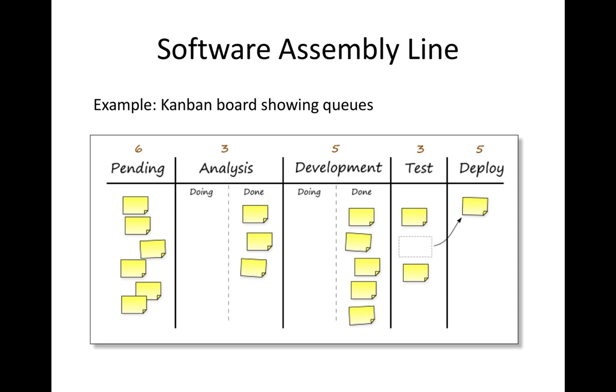We oftentimes use Kanban boards to show the queue of work. We'll have work that might be in a pending state in some sort of product backlog, and work that's moving through different development teams, and then onto the testing organization, then finally work that is deployed into a production environment.